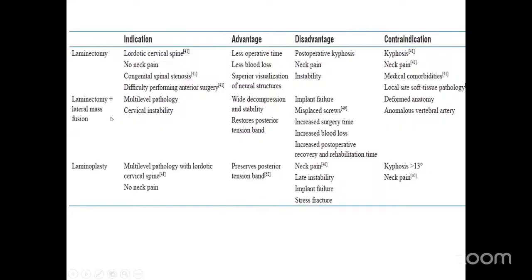Second option, laminectomy plus screw fixation, lateral mass fixation. So when there is instability, you fix it. Very simple concept, right? But they're all there. With the fixation come the disadvantages of implant failure and misplaced screw.